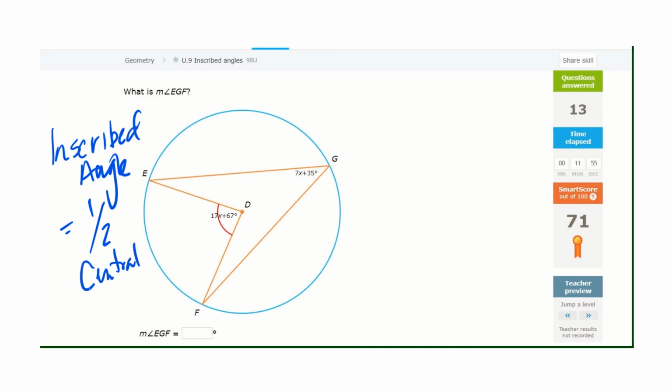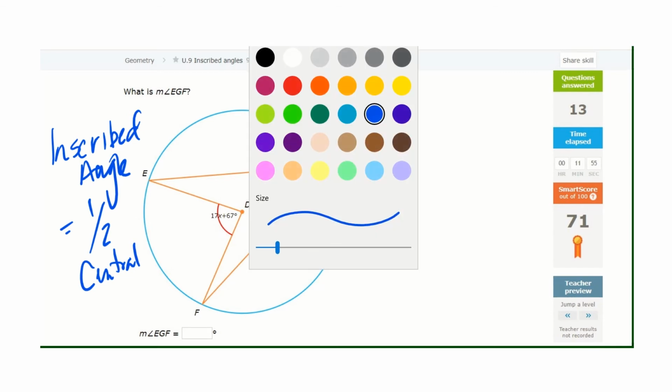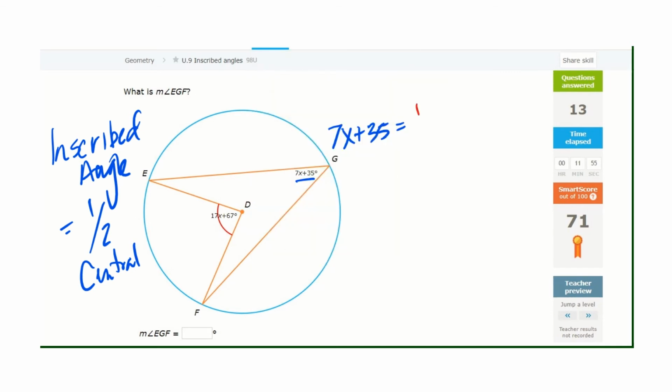Well, that is what's going to help us solve this. Let's put this to the test. We've got the inscribed angle here. The 7x plus 5 equals half. So we're just putting the rule into math language, turning English words into numbers here.